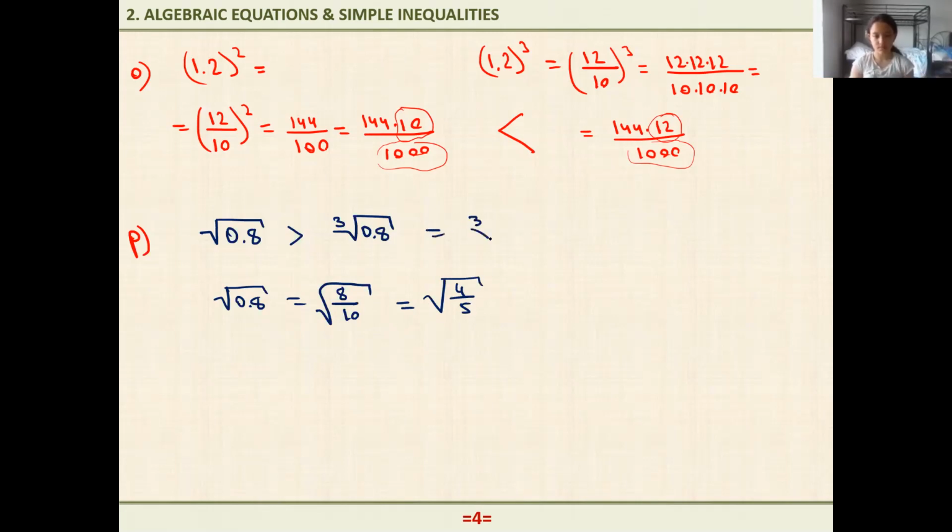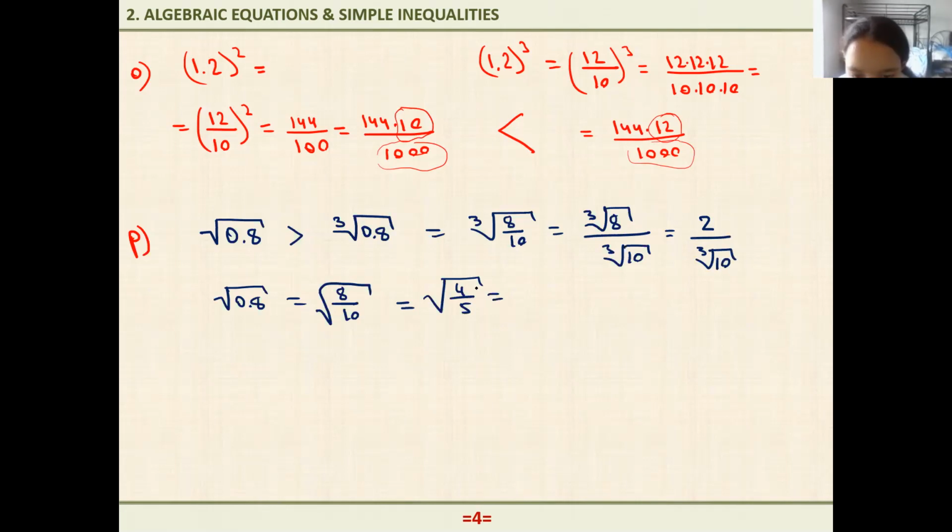Here we have cube root of 8/10, and I can write it as cube root of 8 over cube root of 10. Cube root of 8 means what number's cube is equal to 8? That is 2, because 2 cubed is equal to 8. So here we have cube root of 10. Now here the square root of 4 is equal to 2. And here we have square root of 5.